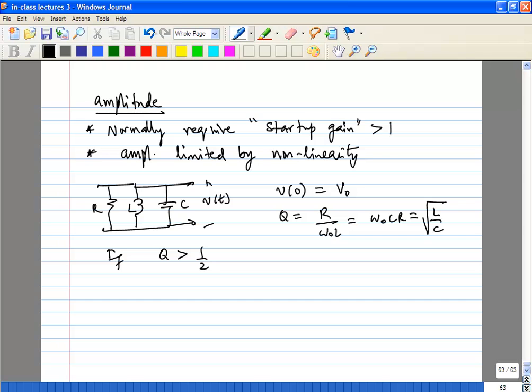You can write the second order equation for this RLC network. You can find out the roots of the system. What you will find is initially the roots lie on the x-axis. But if your Q is greater than half, the roots end up splitting into two such that they no longer lie on the x-axis, but they are two complex conjugate poles.